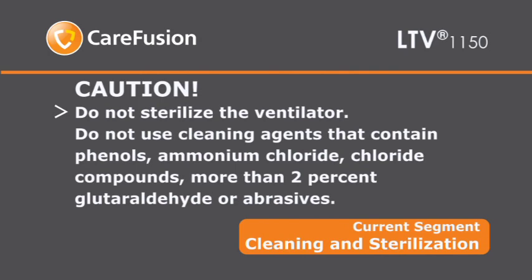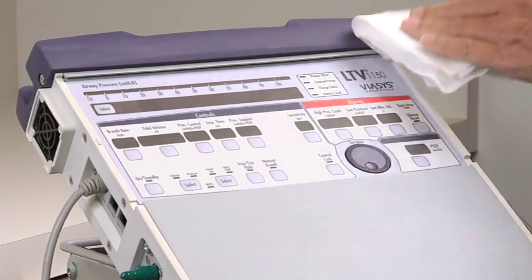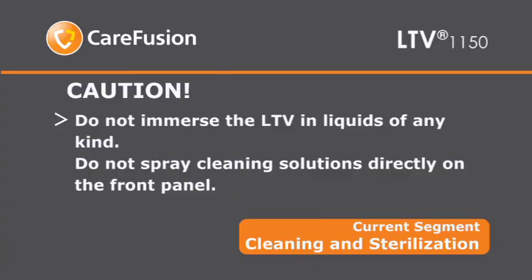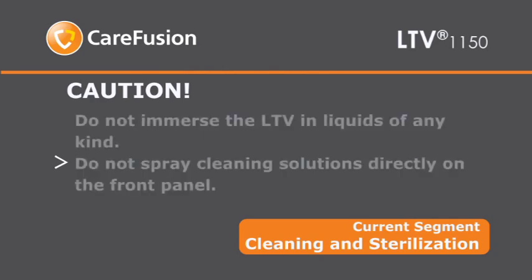Do not use cleaning agents that contain phenols, ammonium chloride, chloride compounds, more than 2% glutaraldehyde, or abrasives. These agents may damage plastic components and the front panel overlay. Do not immerse the ventilator in liquid sterilizing agents or liquids of any kind. Do not spray cleaning solutions directly onto the front panel.